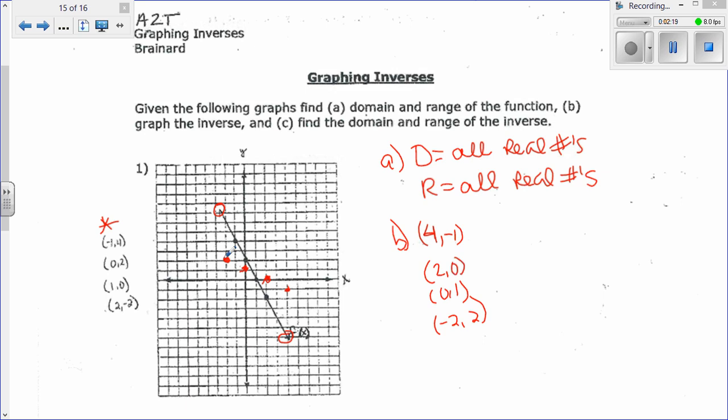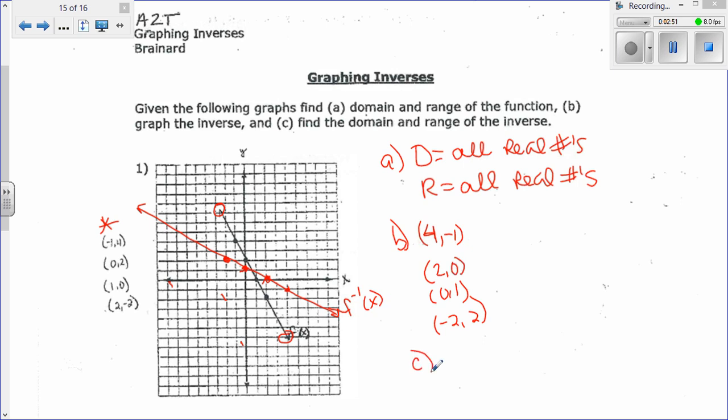So I'm going to do my best to draw a straight line on the screen here. And that goes on forever and ever. That is f inverse. And we denote that by f^-1 of x.